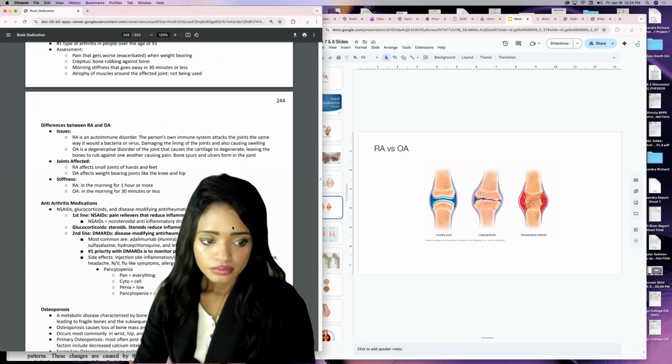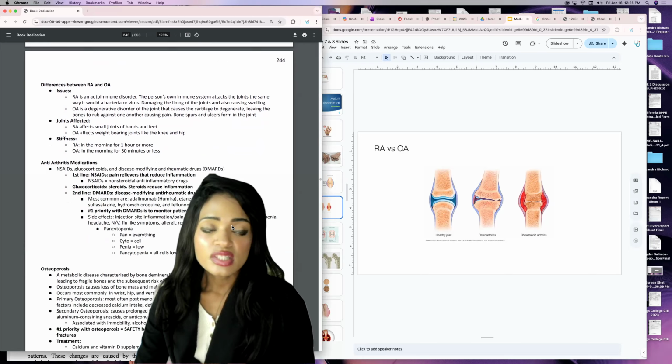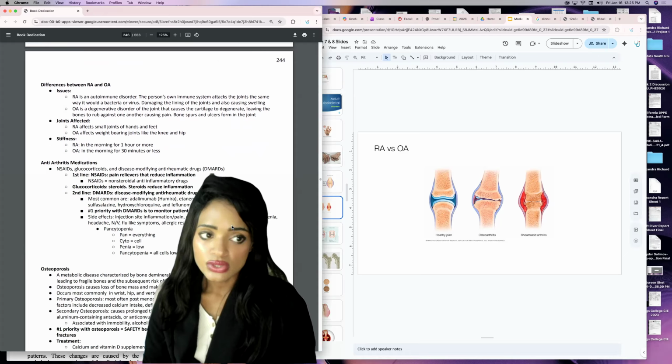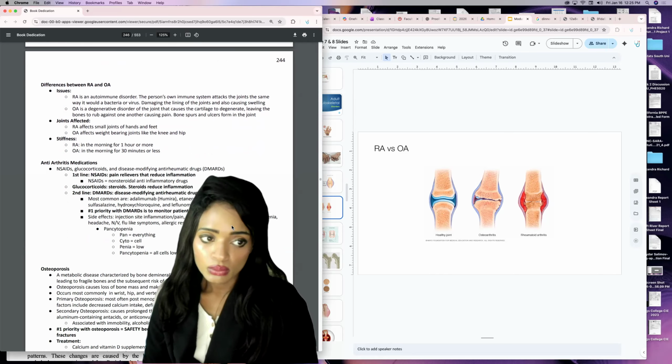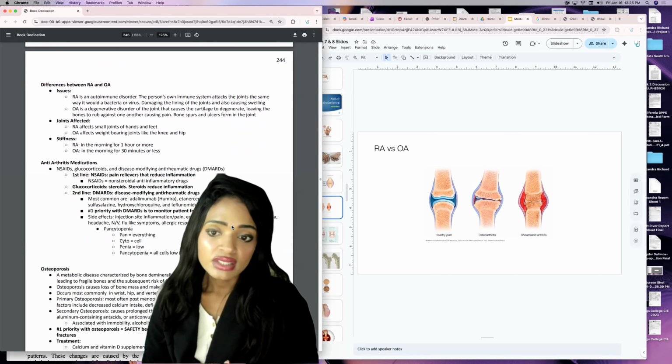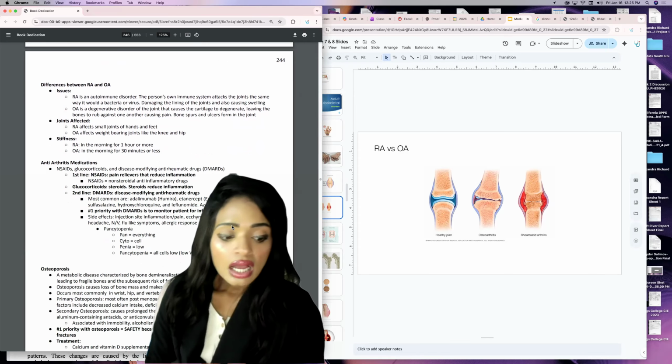On page 244, it tells you the major differences between rheumatoid arthritis and osteoarthritis. Rheumatoid arthritis is an autoimmune disorder. Osteoarthritis is a degenerative disorder, and it causes bone to rub against bone. What joints are affected? Rheumatoid arthritis affects the small joints of the hands and feet.